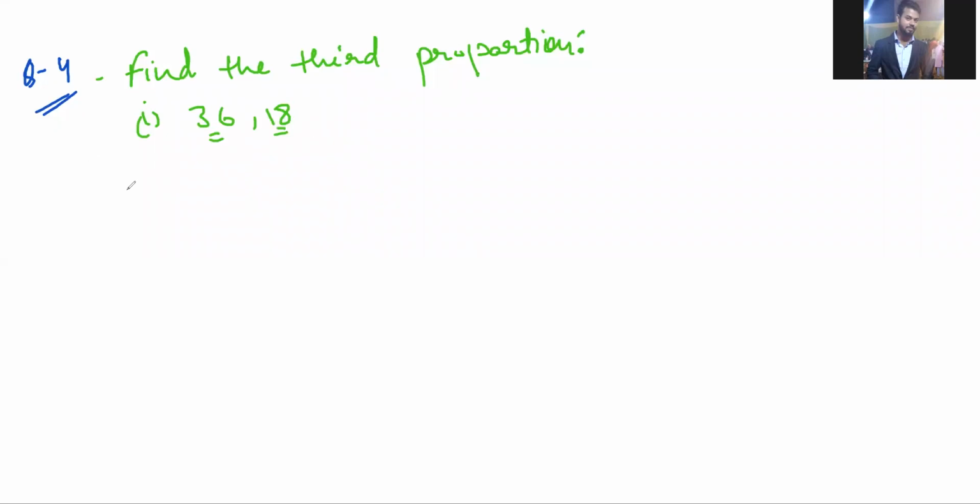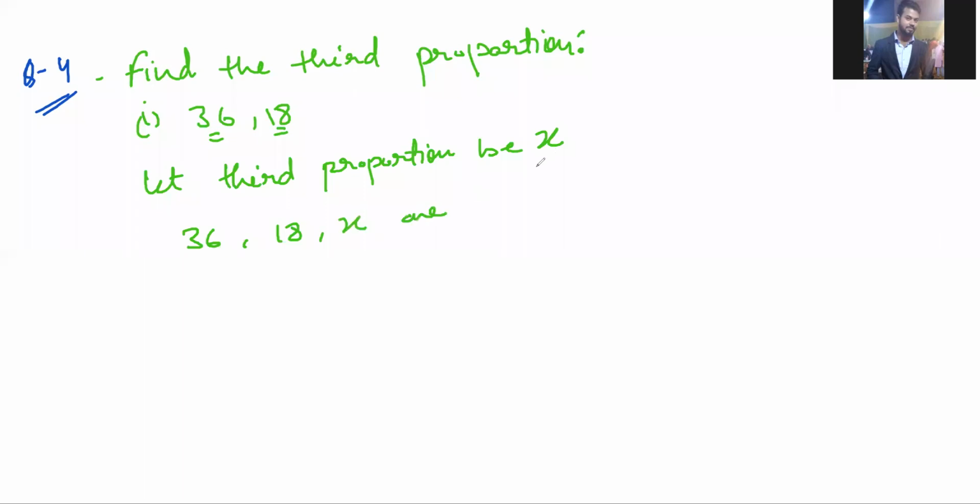So we will write, let third proportion be x. So we can write 36 and 18 and x are, because x is a third proportion, so we will write x at the end. Okay. So we will say 36, 18 and x are in continued proportion.